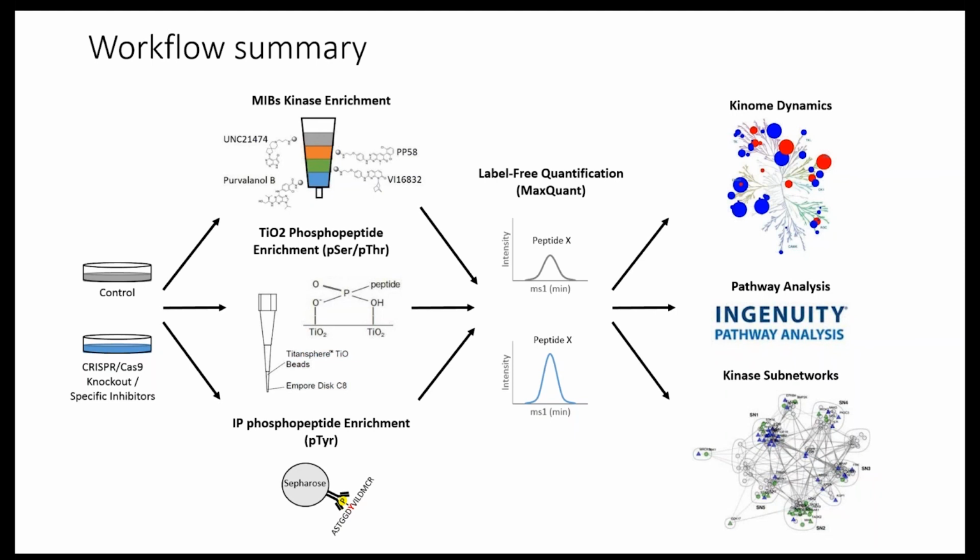So we use label-free quantitation and we look at multiplex inhibitor bead binding of the consequence of knockout of specific genes or overexpression of specific genes in terms of the inhibitor binding profile as well as the phosphorylation networks. And then we analyze kinome dynamics and use this to try to identify kinase signaling subnetworks.